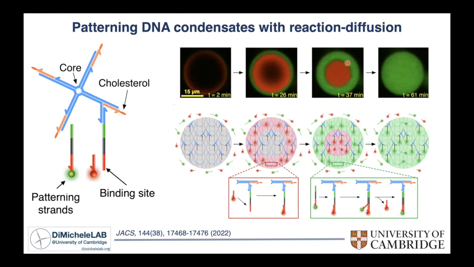And therefore, you get this green front that progressively consumes the red patch. If you wait long enough, here on the right-hand side, you can see that the condensate becomes all green because thermodynamically it is favorable for the binding sites to be occupied by the longer strands. But at these intermediate times, so here after 37 minutes, we have achieved what we wanted.